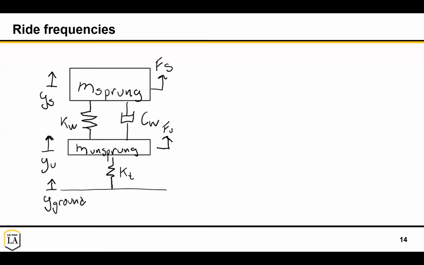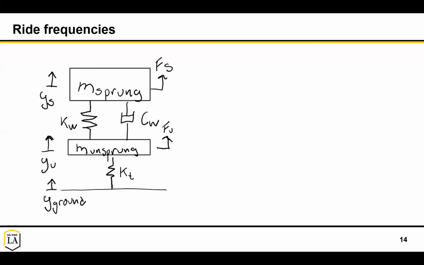So this is something you can get from tire data: if you apply a force on your tire, how much it deflects. You might have forces on your unsprung mass, forces on your sprung mass, especially from aero, and you can track the motion of these. Typically what we do is look at this for a quarter of your car, like one of the front quarters or one of the rear quarters.